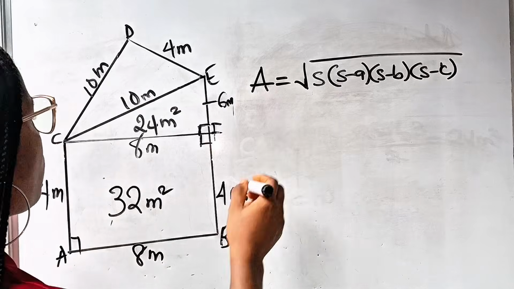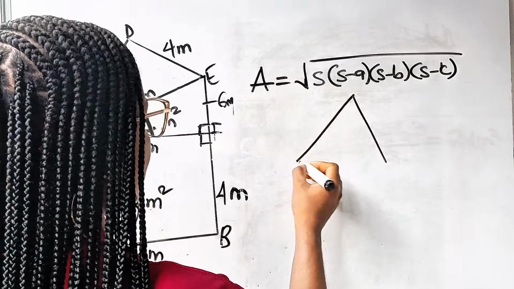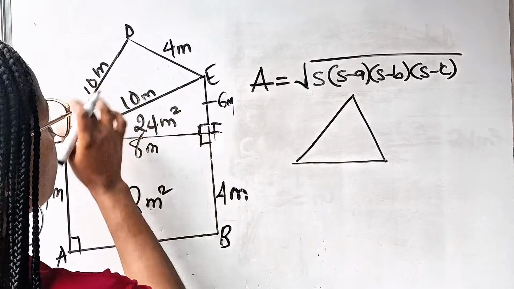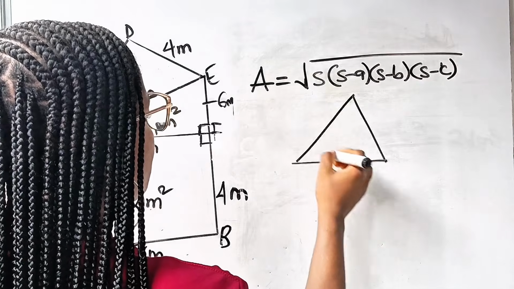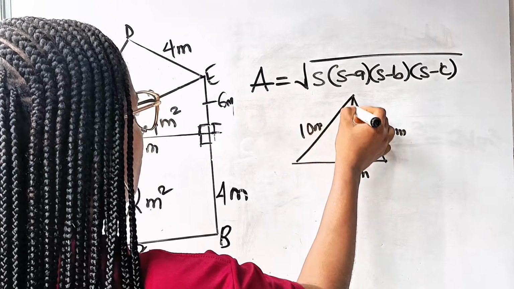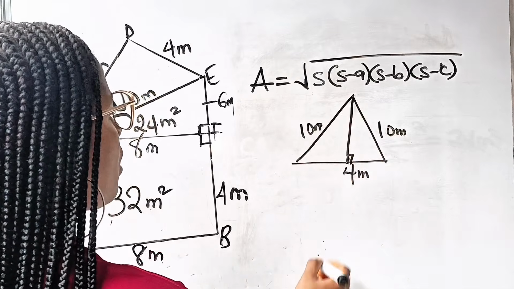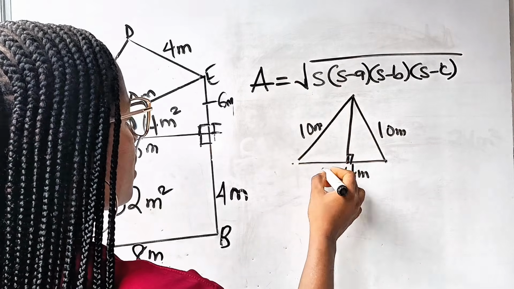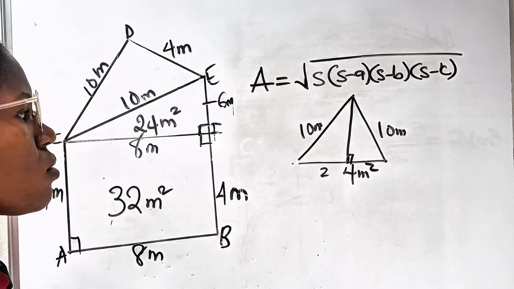But looking at this triangle, it is an isosceles triangle. So this is 4 meters, this is 10, and this is 10. So if I drop a perpendicular here to bisect this place, this is 2 and this is 2, right?